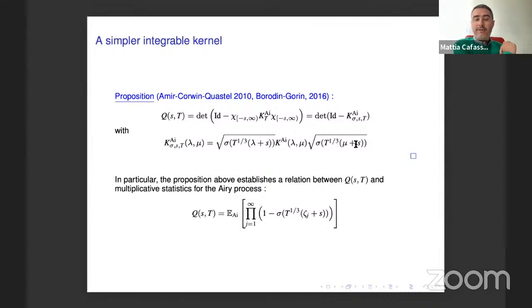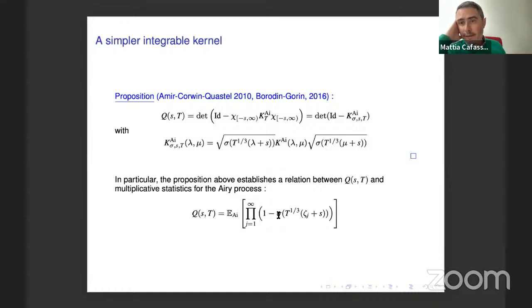So when you have the Airy point process, you have a random configuration of points on the real line. These points here, I denoted them with zeta 1, zeta 2, and so on and so forth. And then you compute the product from j from 1 to infinity of this 1 minus sigma computed at these points, okay?